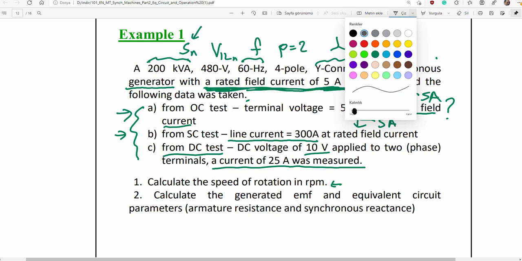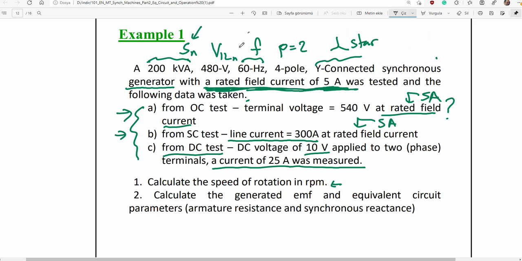Let me change color and thickness. Okay, you should draw a schematic diagram to understand what is happening. From open circuit test, terminal voltage 540 at field current.